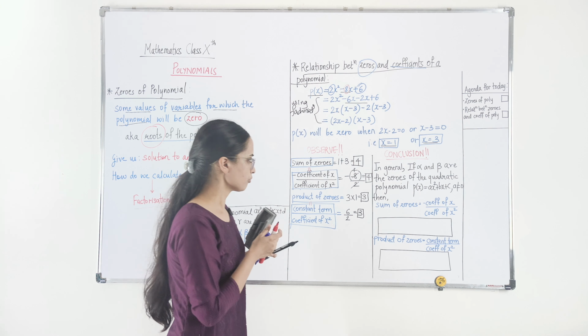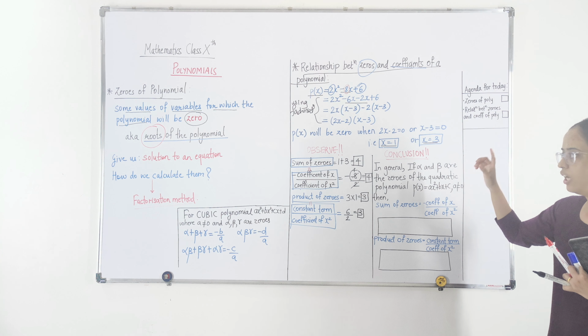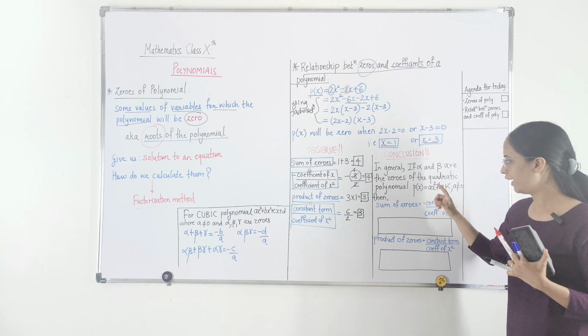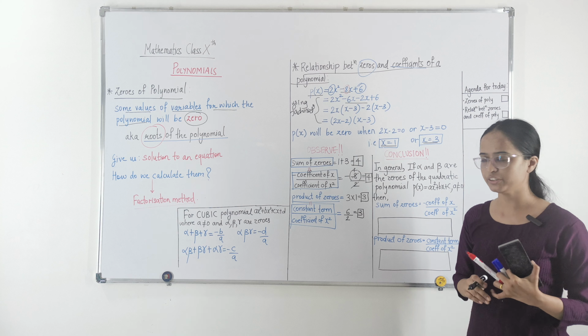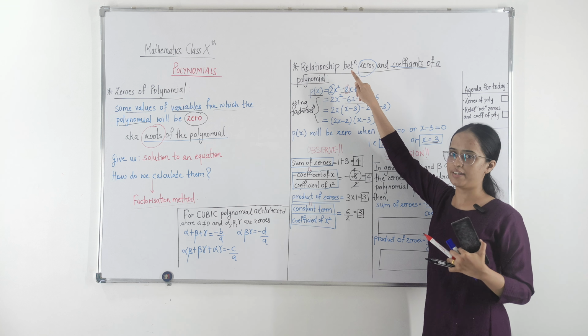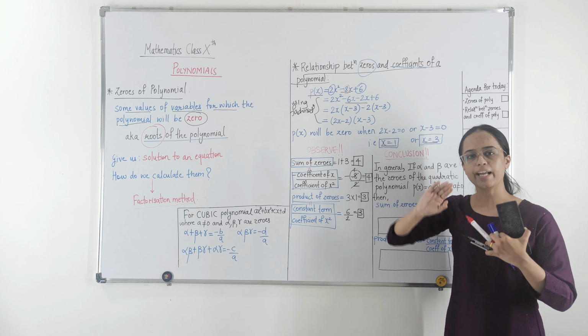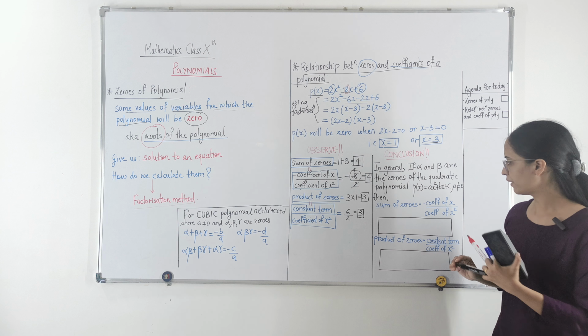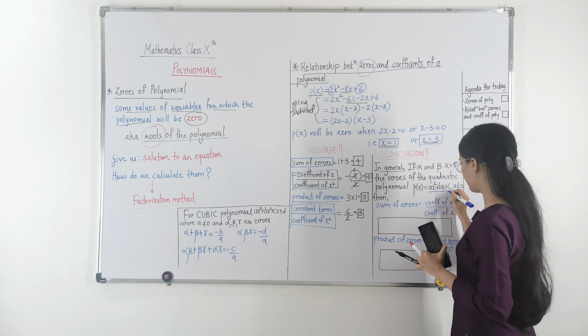So now, after observing this, we come finally to a conclusion. And what is the conclusion that we get? Let's say in general. Now what do you mean by in general? This was specifically for this quadratic polynomial. But now let us define the relation for any quadratic polynomial which is of the form ax square plus bx plus c.